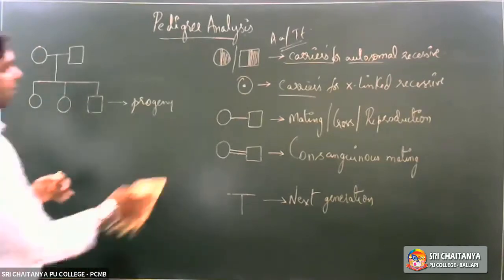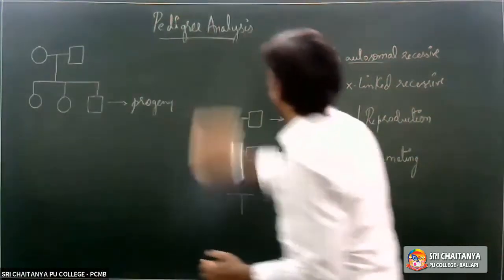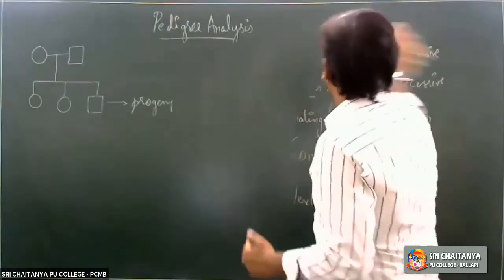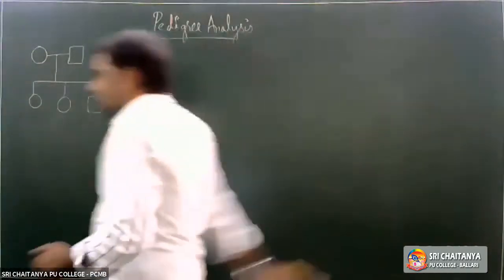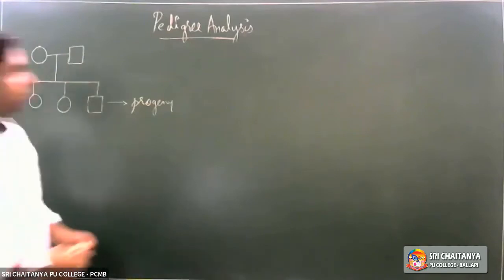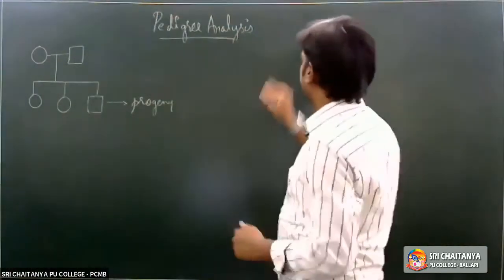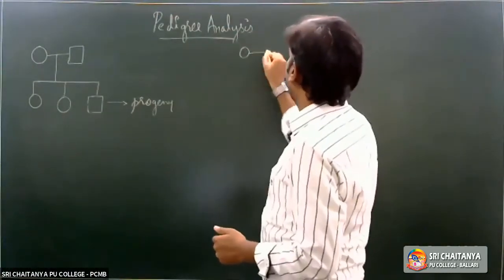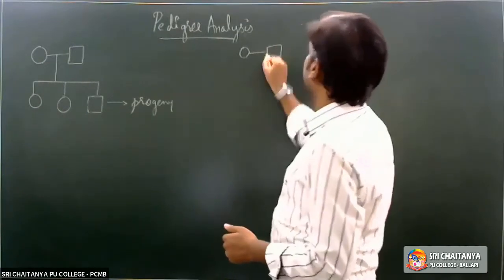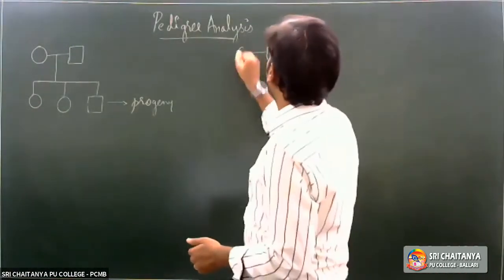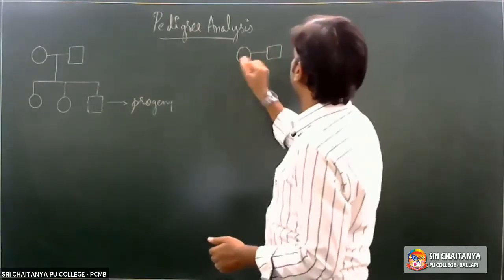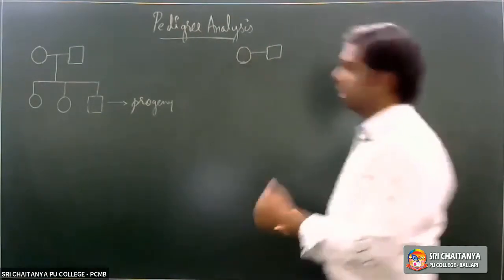So how do we represent twins in a pedigree chart or in pedigree analysis? Let us take up here. There is a female and a male who are connected here. They have both got married, and once they are married, they would give rise to twins.